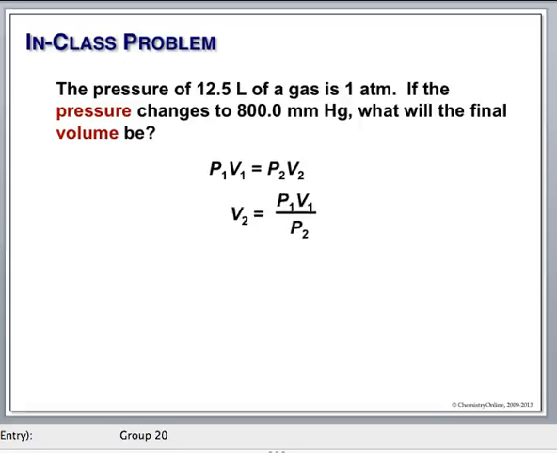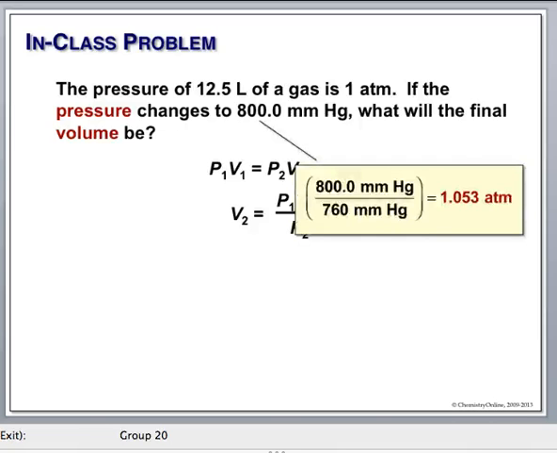So when we type in P1, V1 over P2, we're going to have to make sure they're all either millimeters or atmospheres. 1 atmosphere is, by definition, atmospheric pressure at sea level, 25 degrees centigrade. That's called standard temperature and pressure, STP.